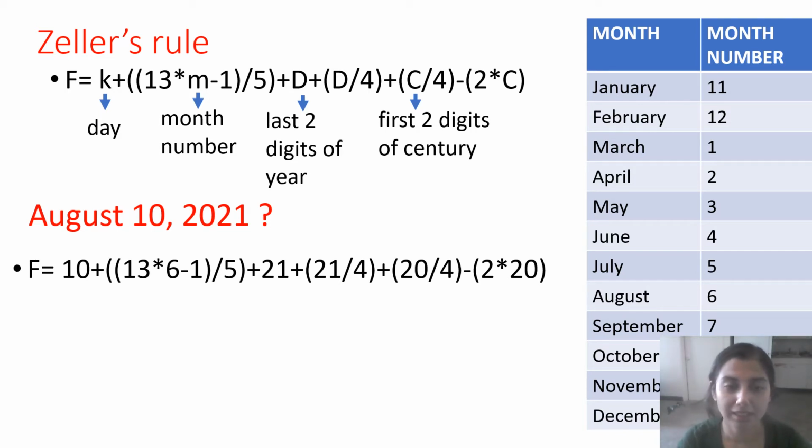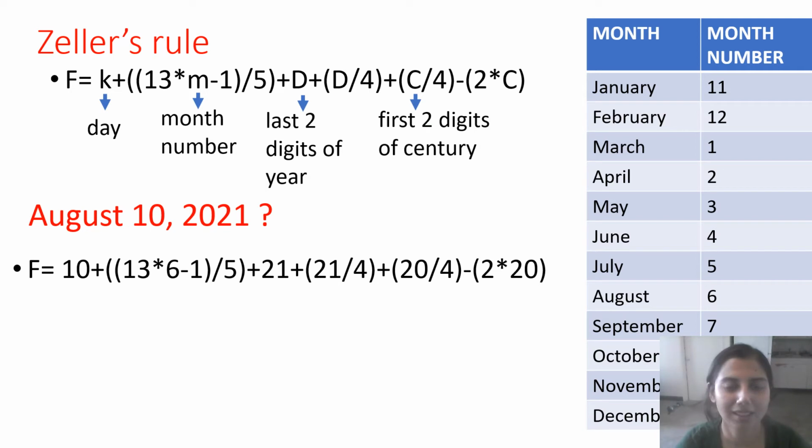This is an important point for using Zeller's rule, and make sure to remember it: March is the first month in the Roman calendar. Once you know that, it is easy to calculate which month number will be August. In our case, August has the month number 6 instead of the 8 that we consider in our current calendar system.